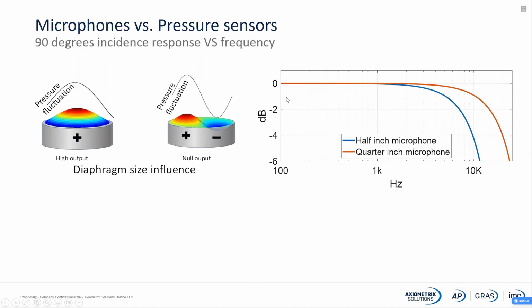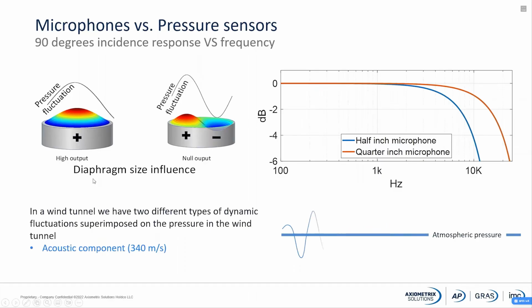So going up in frequency, lower frequencies are fine, but when the membrane size is too big for the frequency, the response starts to go down, and you can see the difference between a half-inch microphone and a quarter-inch microphone. So you actually see the effect of the sensing area or dimension up here.